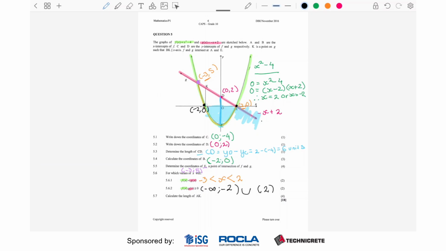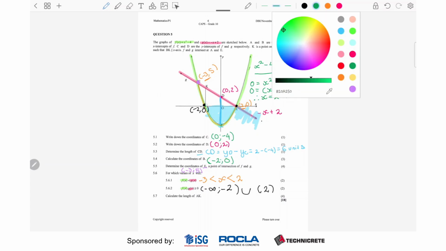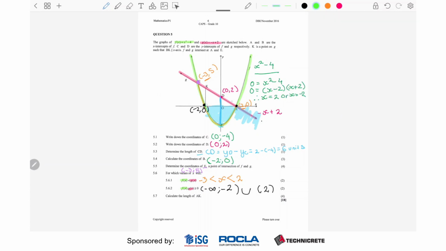Okay, that's that. Now they want us to calculate the length of AK. What's the length of AK? So AK is this part here. This neon green part. That's AK.